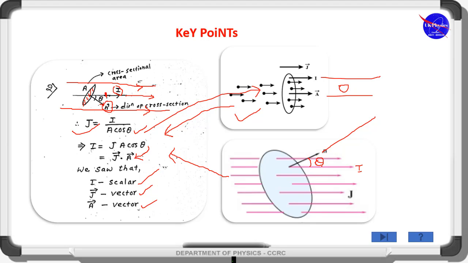So in this case J is defined like this, J equals I by A cos theta. So it's simple. I hope you understand this. Now we move on to the next point.